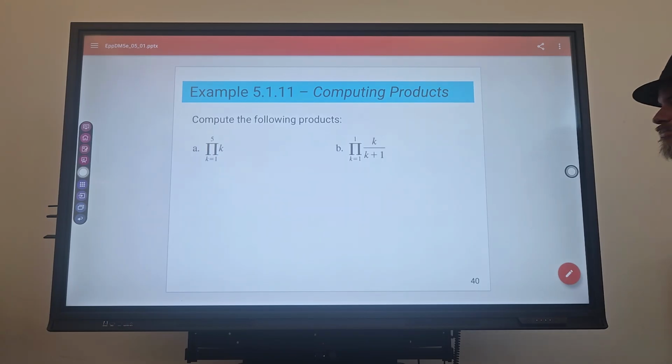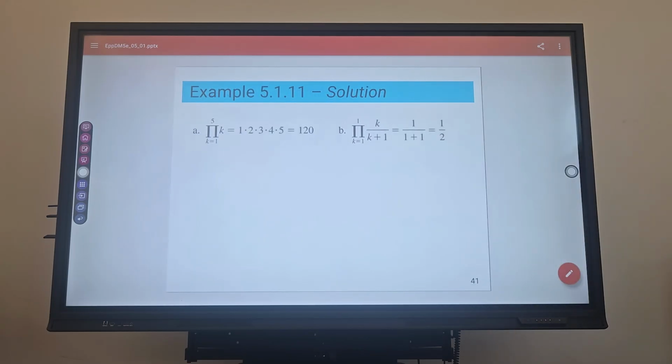And then 1 to 1 is just the one term, so it would be 1 over 1 plus 1, or 1/2. So there you go.